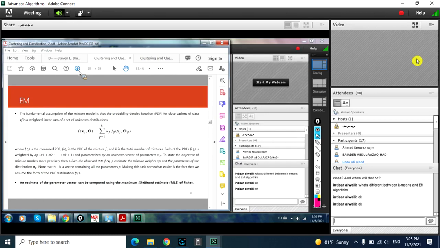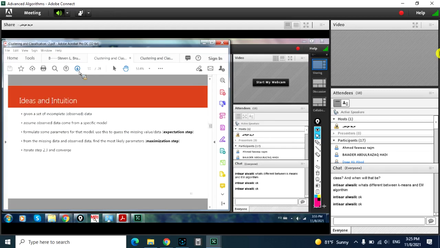The goal of all of them is that we separate the data so that the similarity in each class is high, but the similarity between classes is low. The goal of all of the clustering and classification is this.